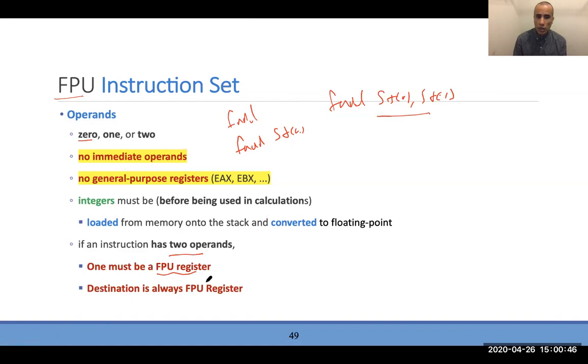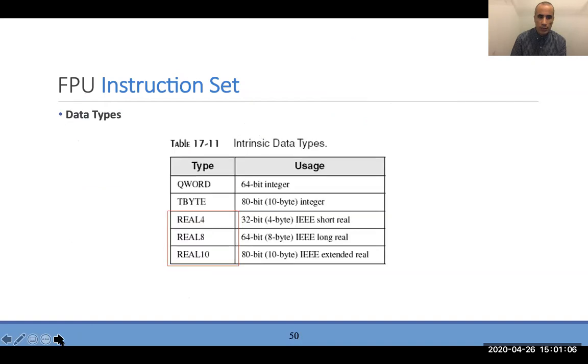And the destination is always going to be a register. Keep that in mind, okay? Your destination must always be a register. So this is allowed when we do it with integers, memory one and EAX, where the destination can be memory. This is not allowed in the FPU, okay? This is something you need to keep in mind.